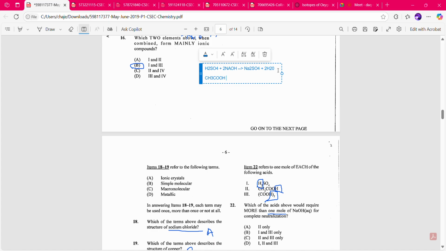Right? For the ethanoic acid now, which is CH3COOH plus NaOH, note that for carboxylic acids, the reactive hydrogen is only this hydrogen in the carboxylic group, in the functional group. So it's gonna get displaced by the metal and it becomes CH3COONa plus water.